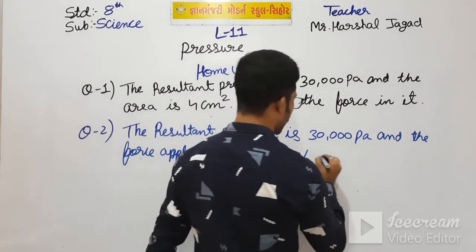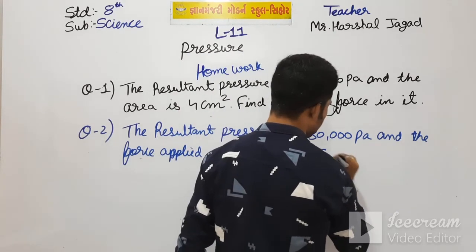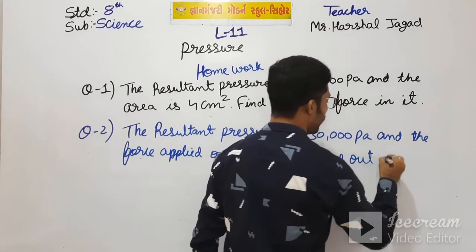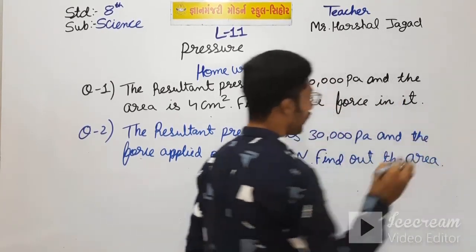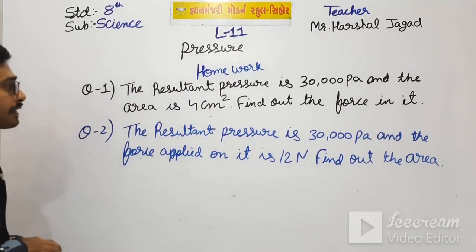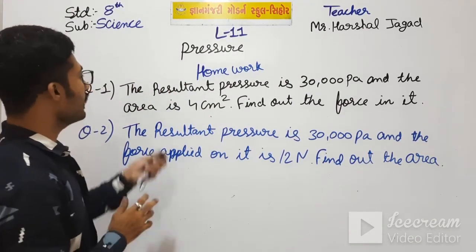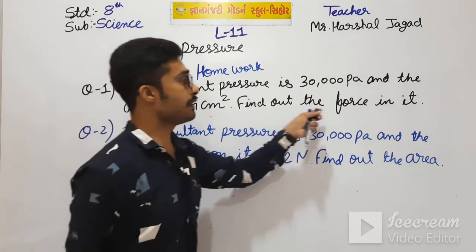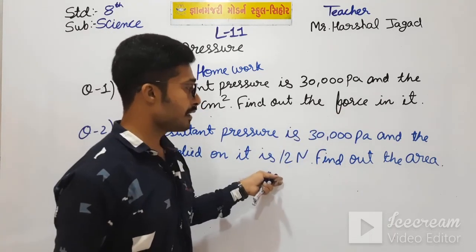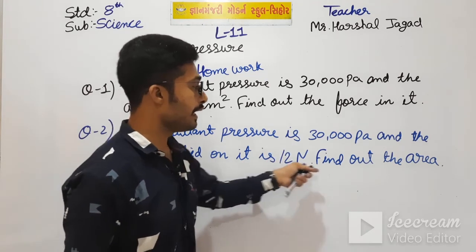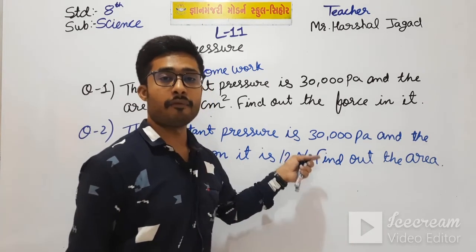So you have to find out the area. Okay, students. So in the first you have to make the force the subject of the formula, and in this you have to make the area the subject of the formula.